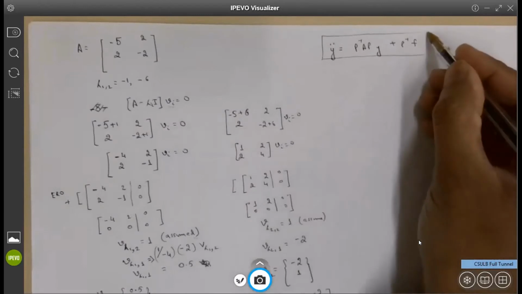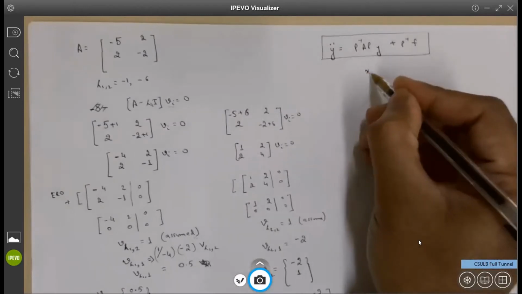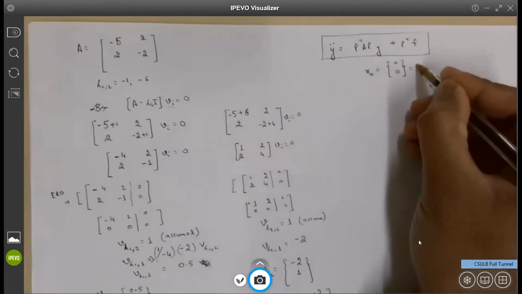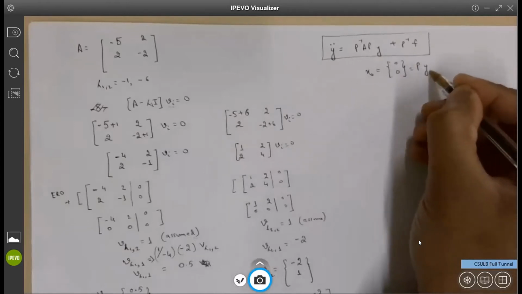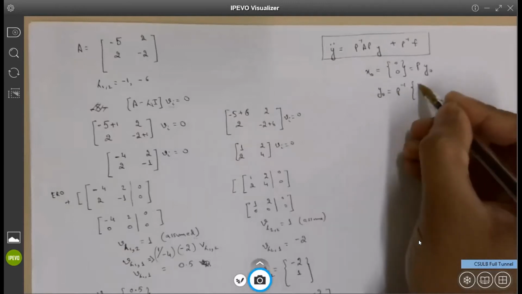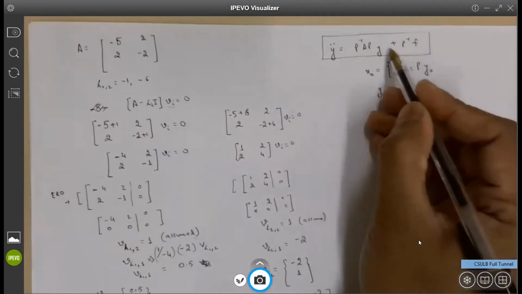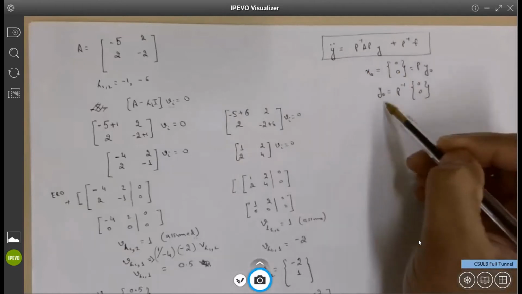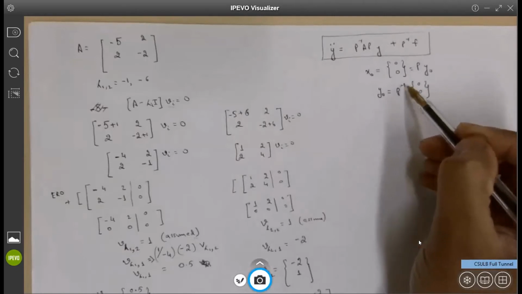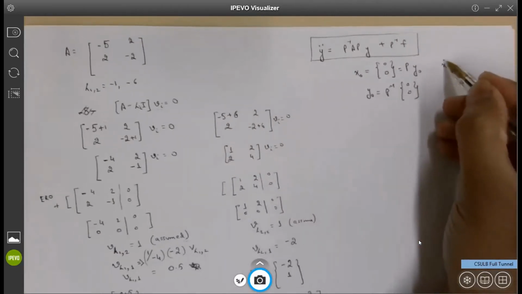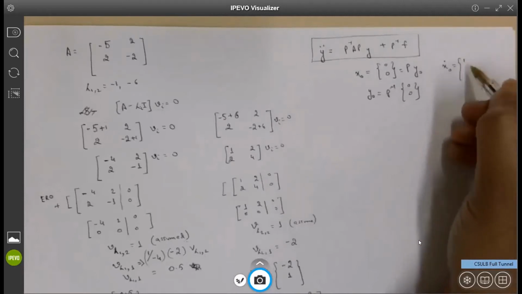Now, the boundary conditions x0 equals 0, 0 will be P times y0. So y0 will be P inverse times 0, 0. To solve this differential equation, you need the initial conditions for y, not for x. So you have to multiply the initial conditions for x0 by P inverse to get y0.